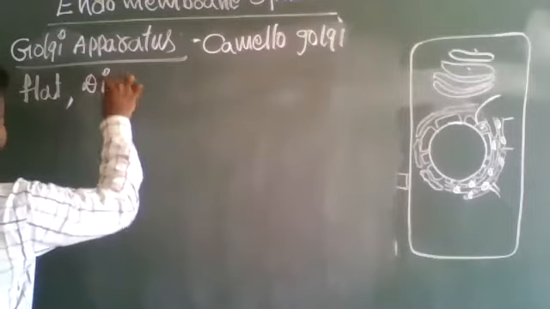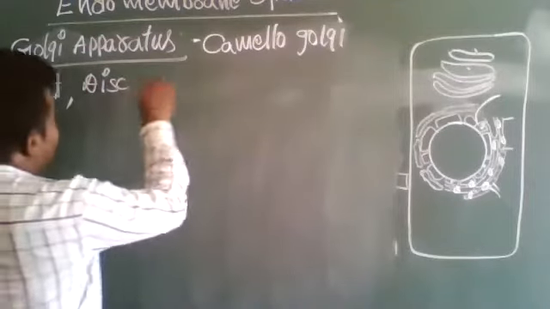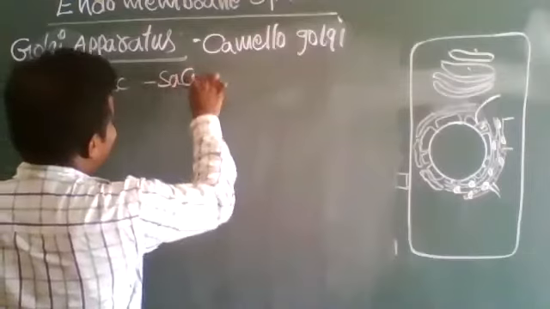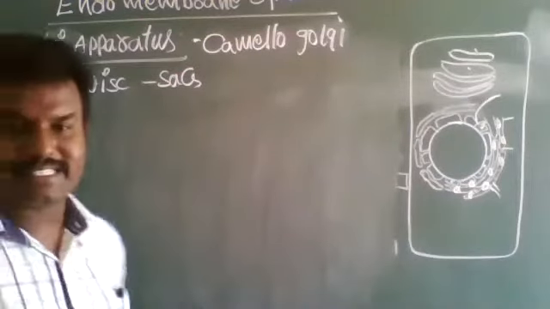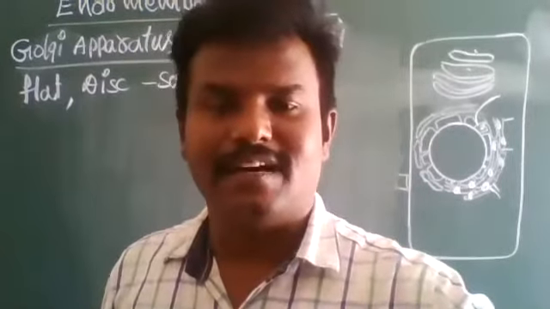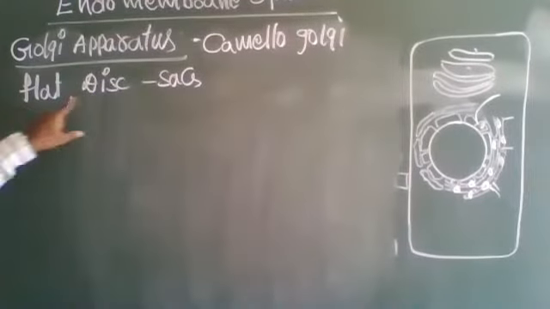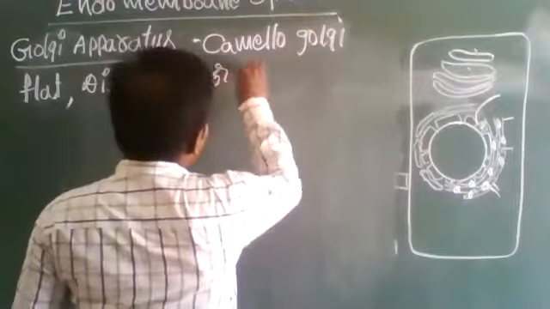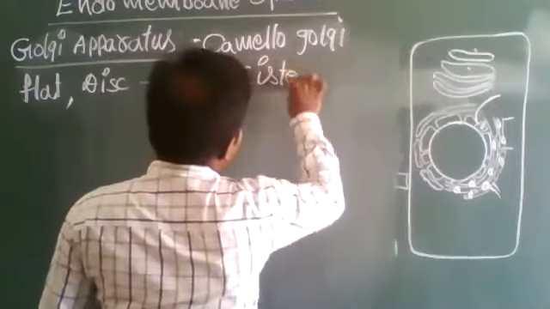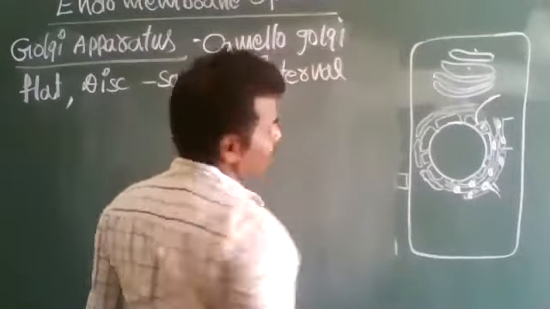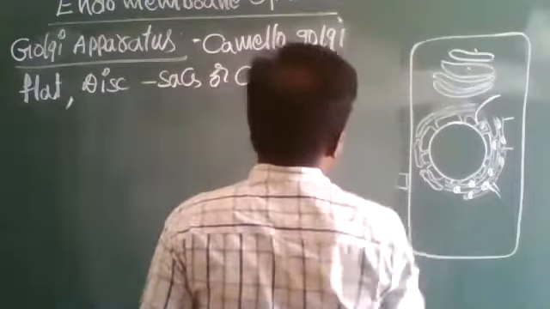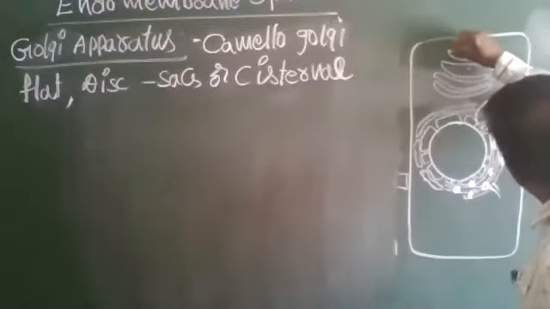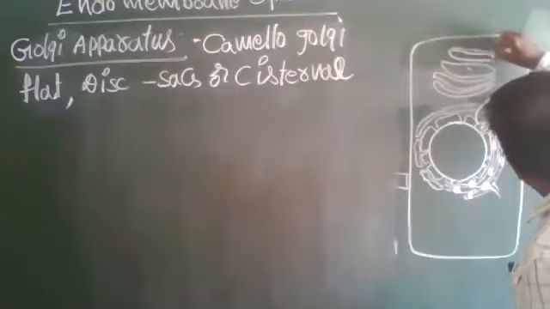disc-shaped sacs. They consist of flat, disc-shaped sacs or cisternae. Cisternae means what? Here, the Golgi complex is covered by a thin layer.